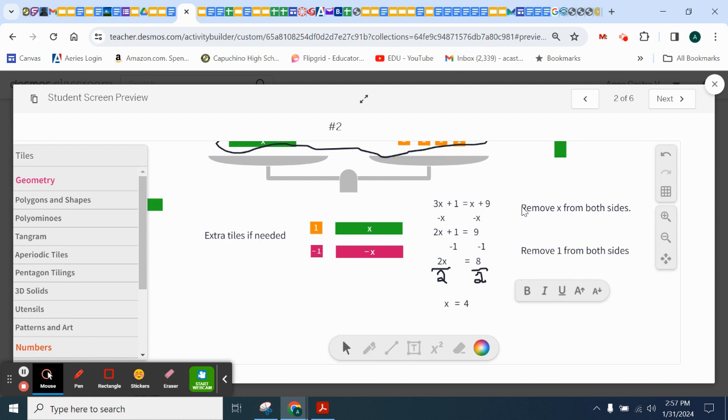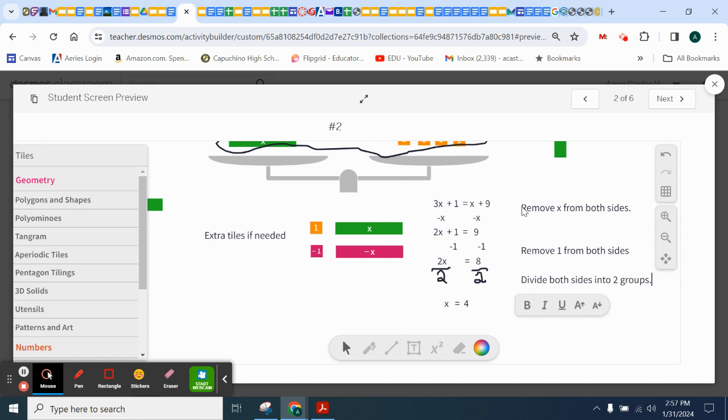And then the last thing I did was divide both sides into 2 groups. And there's the English.